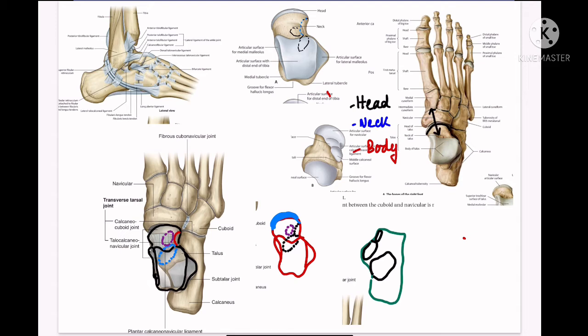If it is extended, you can see that the long axis is going forward and medially. That's why we say that head is directed forward and medially, and it is also directed downward, and that downward bit can be understood if we see the diagram from the side.